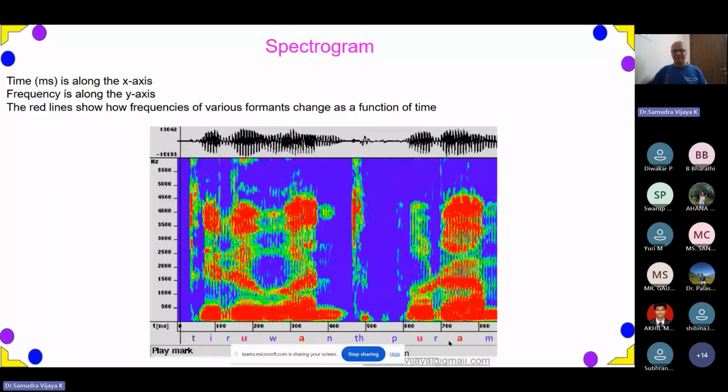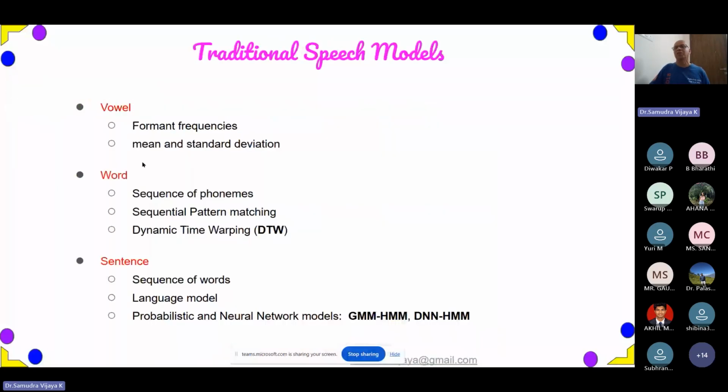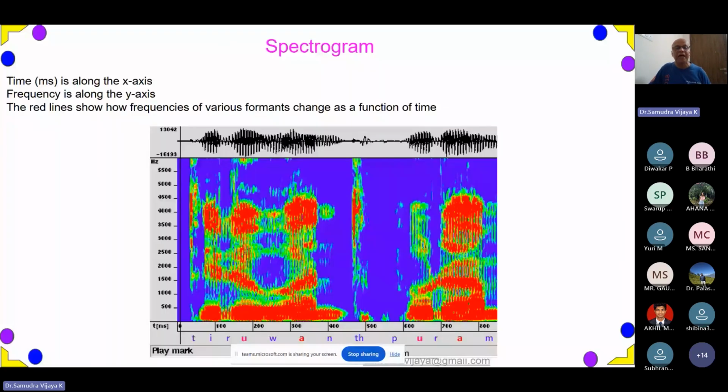It varies. Whenever characteristics vary, we use statistics: you compute the average value or the mean, and a measure of the spread of the values. So in the case of the vowel oo, let us say the second formant frequency F2 here is around 1200 hertz.